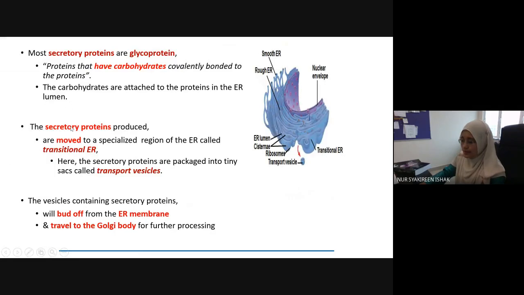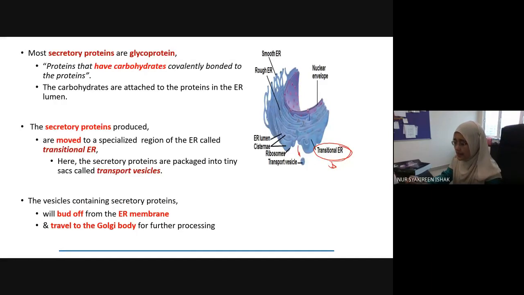So it says here the secretory protein produced are moved to a specialized region of the ER, which we call as the transitional ER. If you look at your diagram of the rough ER, they have a special region which is called as the transitional ER, okay, the transitional ER.